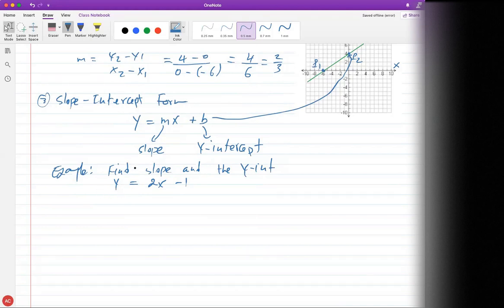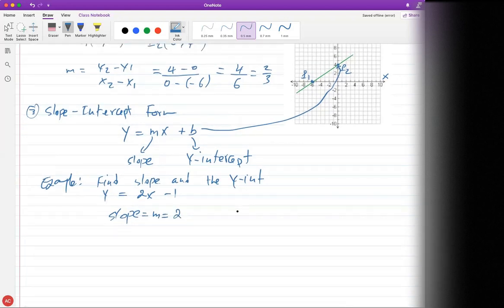Find the slope. Again, no need for 2 points because we have the equation itself. What is the slope here? What is the slope based on this formula? Just the 2 itself, the number next to the x. So the number next to the x here is 2.